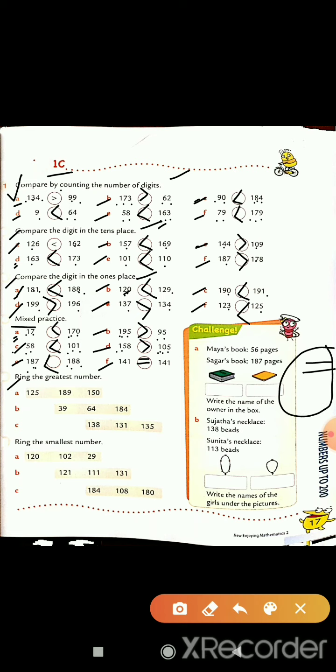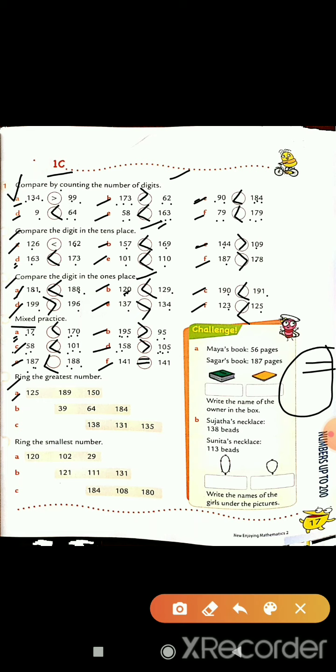Next, ring the greatest number. Now here we have to ring, or we have to circle the number which is greater. A1, 125, 189, 150.